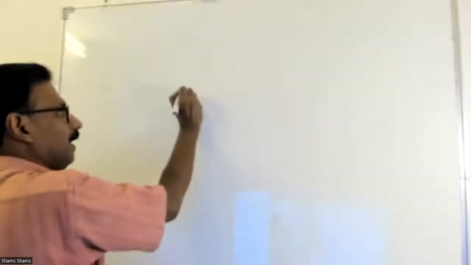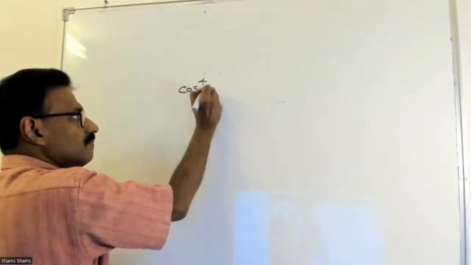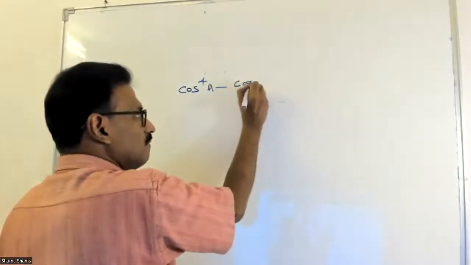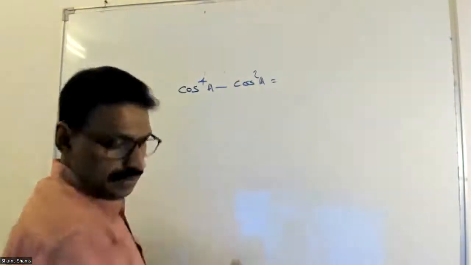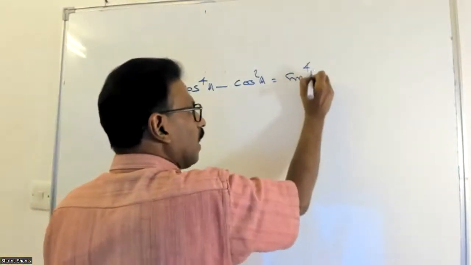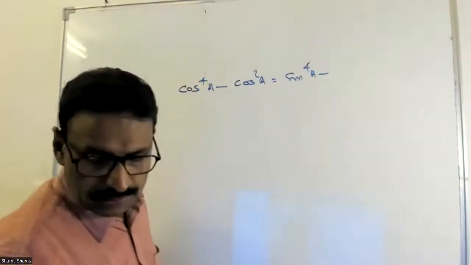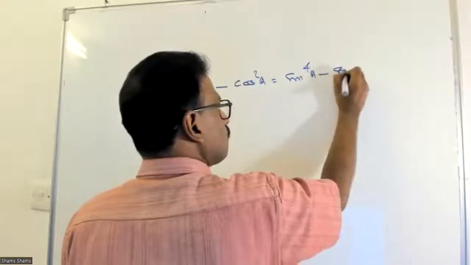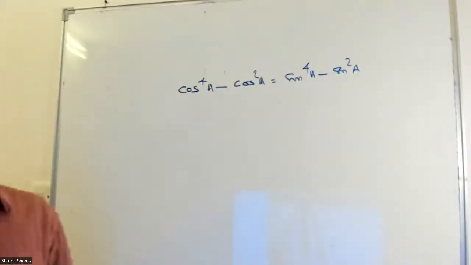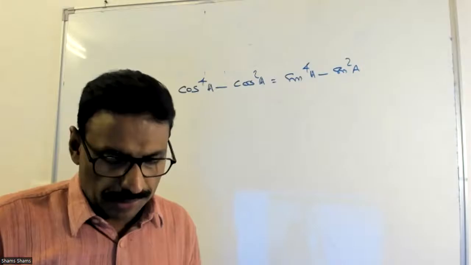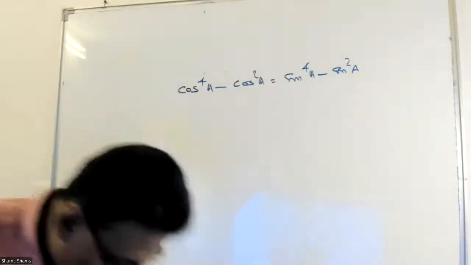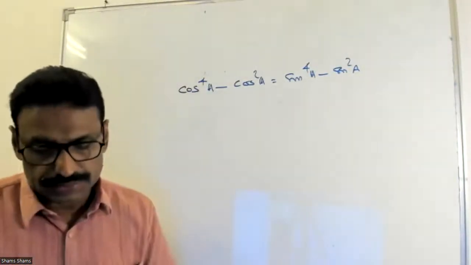Cos raised to 4a minus cos square a equal to sine raised to 4a minus sine square a.